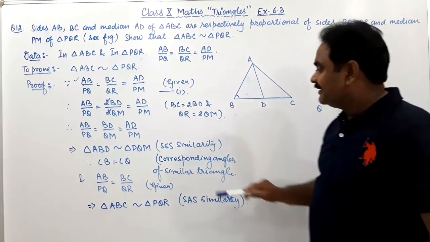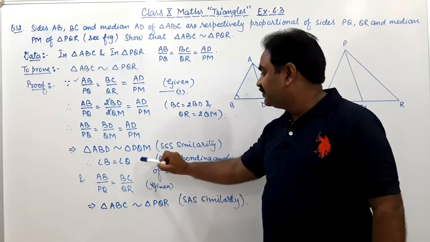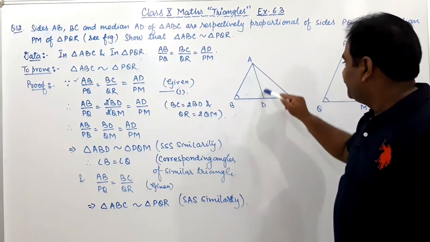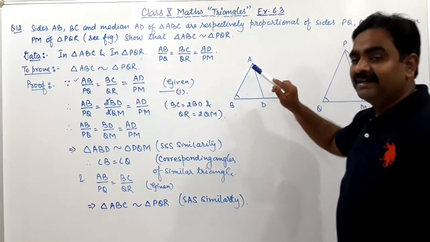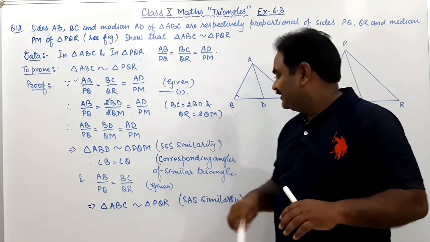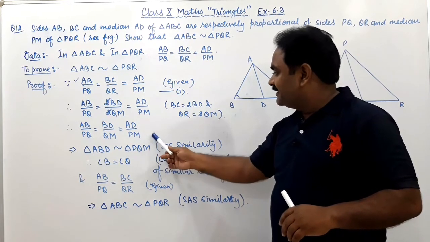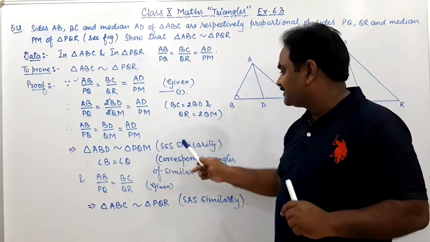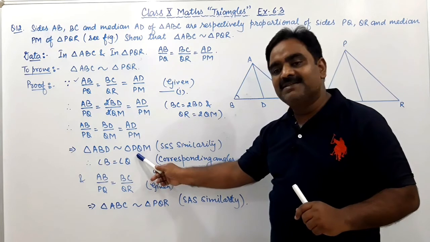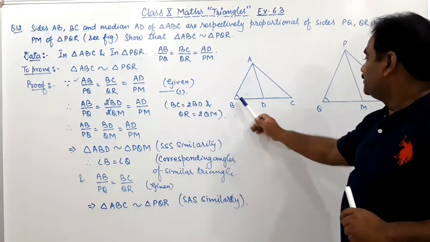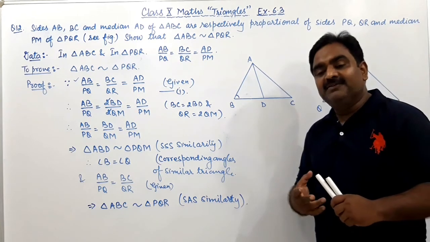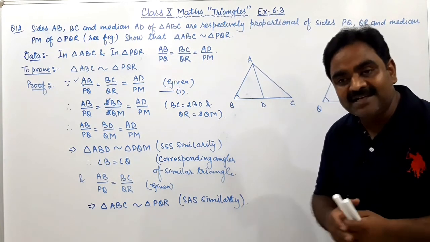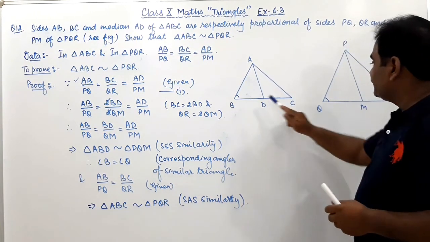Same as after getting this, we got triangle ABD is similar to triangle PQM by side similarity criteria. As all three sides are in ratio, the three sides criterion is applied. These two triangles are similar, so angle B equals angle Q, as for two similar triangles, their corresponding angles are equal. Now this angle is equal.